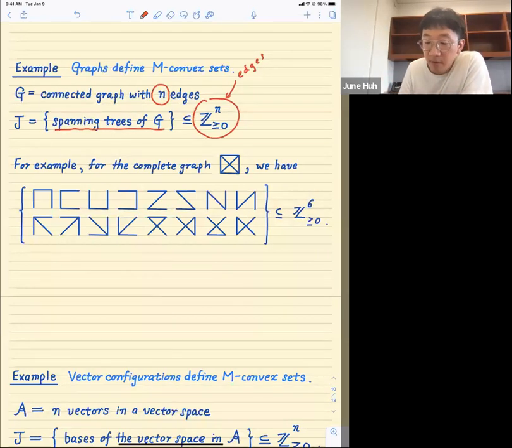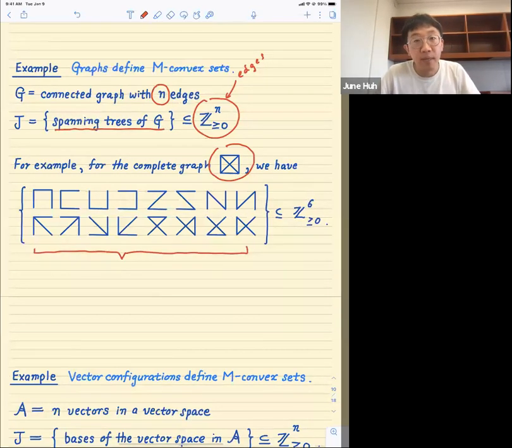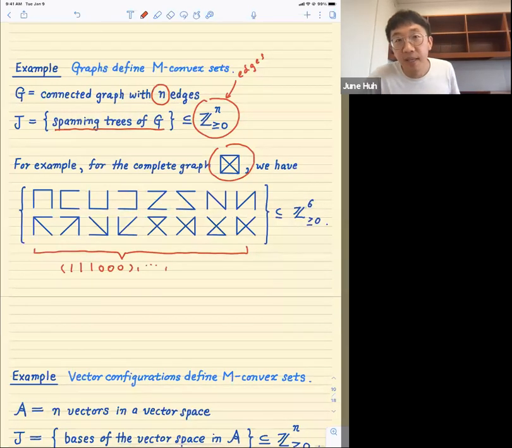So for example, if you have K4, according to Cayley's formula, you should see 16 spanning trees, 4 to the power 2, and here they are. And all of them have 3 edges. So I'm thinking of vectors like 1,1,1,0,0,0, and so on, depending on how you order the edges, not so relevant.